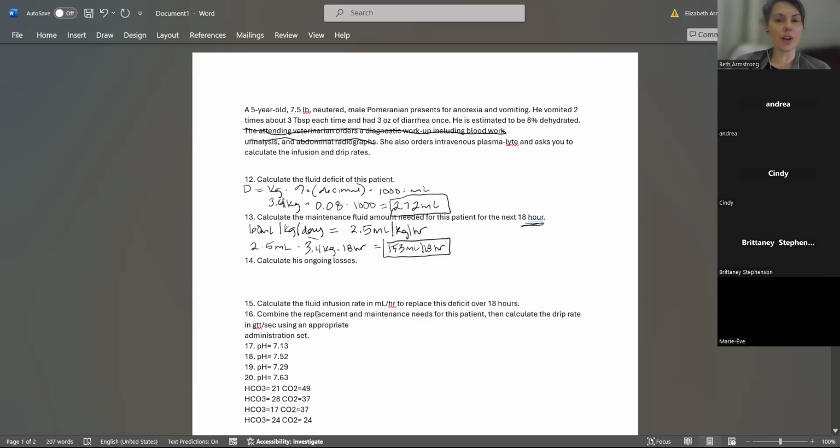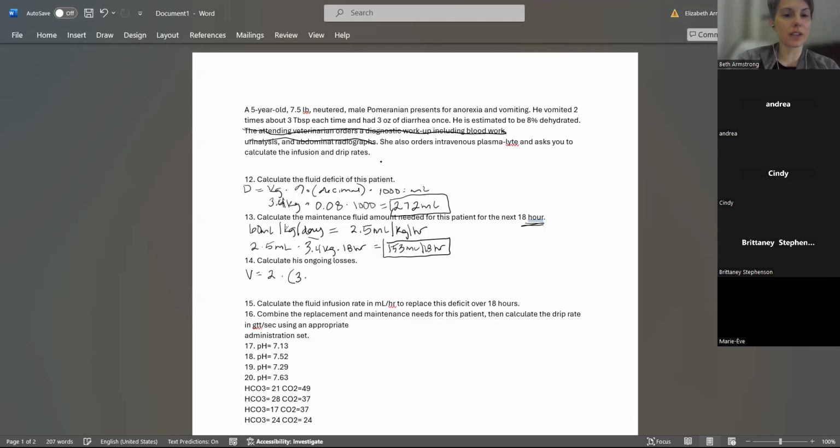All right, so we're going to pay attention to: they vomited 2 times, 3 tablespoons each time. Okay, and then 3 ounces of diarrhea 1 time. All right, so let's take this slow, with vomiting. Let's just do vomiting. So they vomited 2 times, right? 2 times, and then 3 tablespoons.